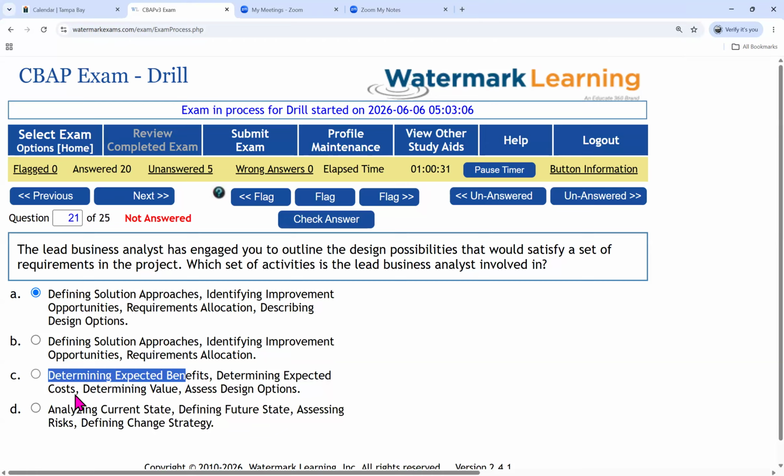Determining expected costs. That's for the potential value task.